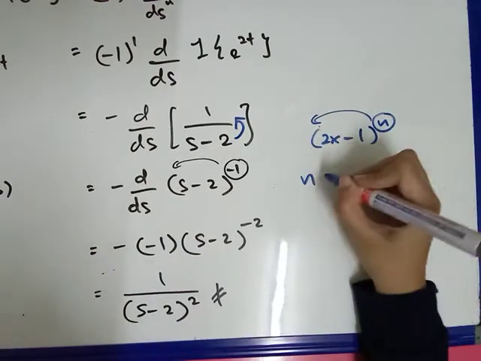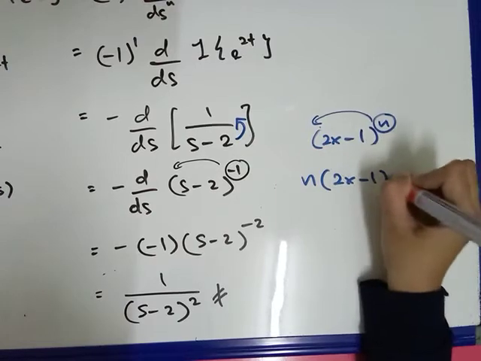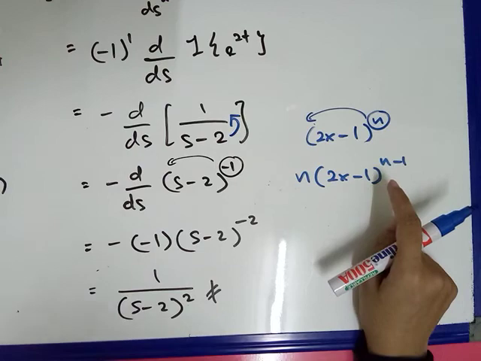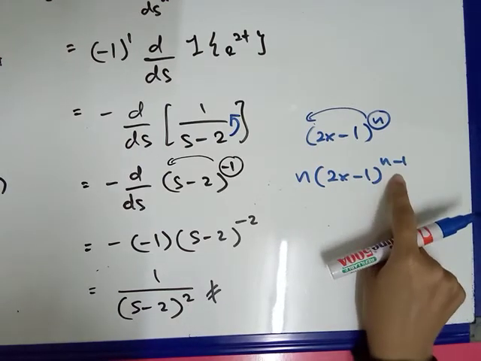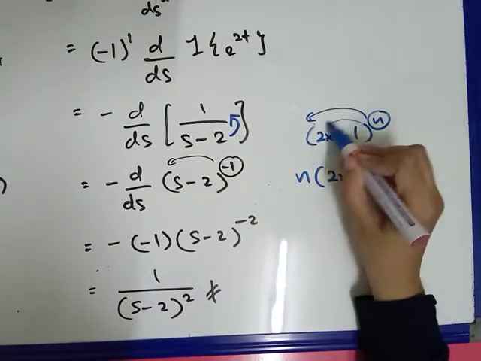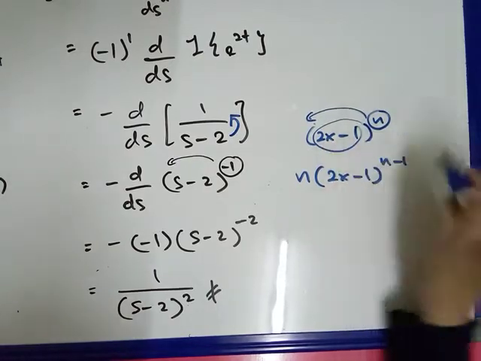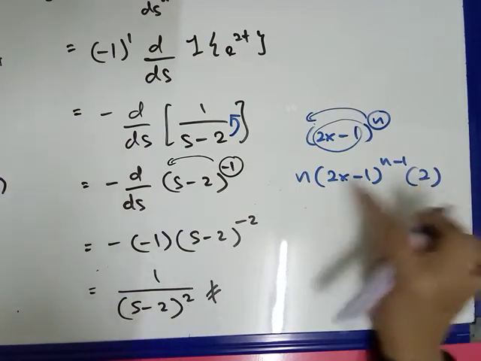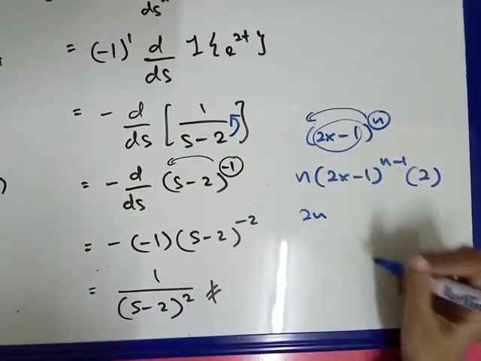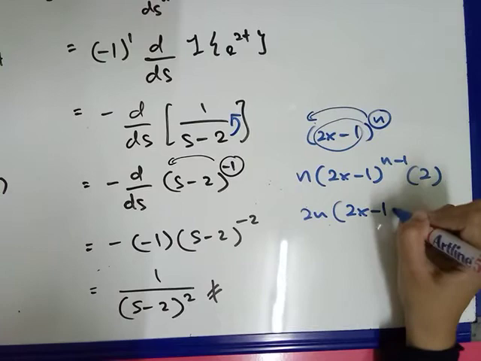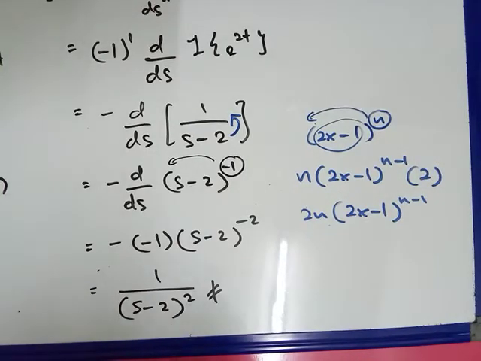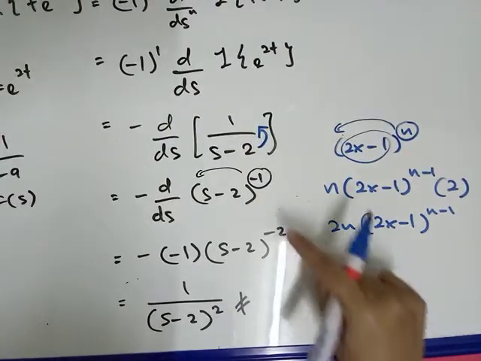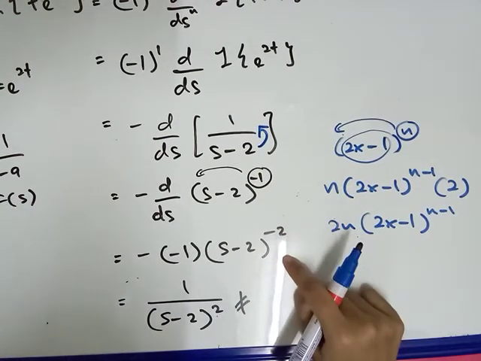Bring n in front, multiply with 2x minus 1 to the power n minus 1, and then differentiate the inside: differentiating 2x we get 2, differentiating negative 1 is 0. Therefore 2 times n, we get 2n times 2x minus 1 to the power n minus 1. Did you get the concept of this differentiation?